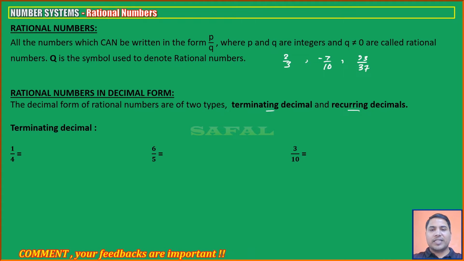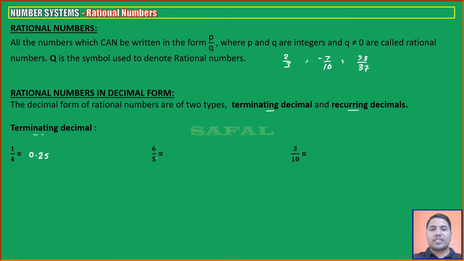For terminating decimal, to explain I have taken some examples. If I ask you to divide 1 by 4, on dividing you will find that this number is equal to 0.25. You can see that after two decimal places, the decimal is vanishing. That's why we are calling it terminating decimal, the decimal which is vanishing.